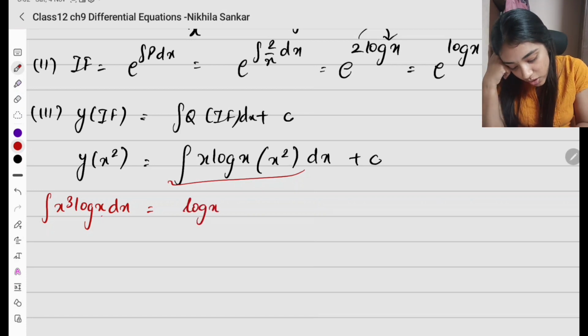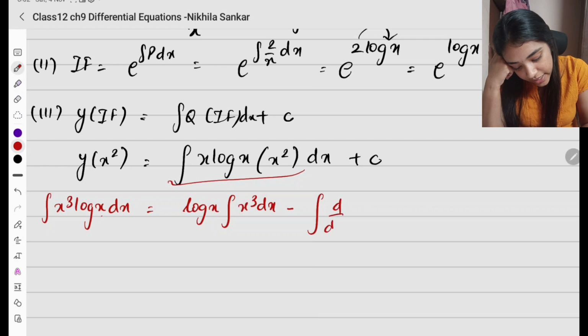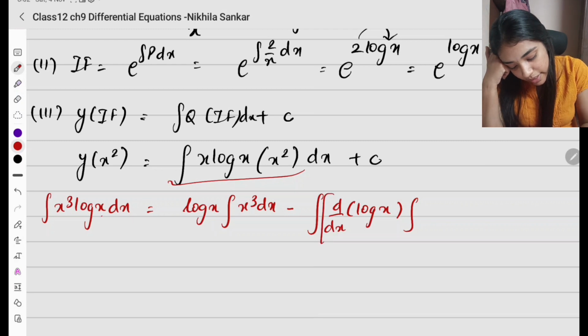Log x வெளியில எடுக்க போறேன். Log x times integration of x cube dx minus integration of d by dx of log x, bracket போட்டுடலாம், times integration of x cube dx, times dx.